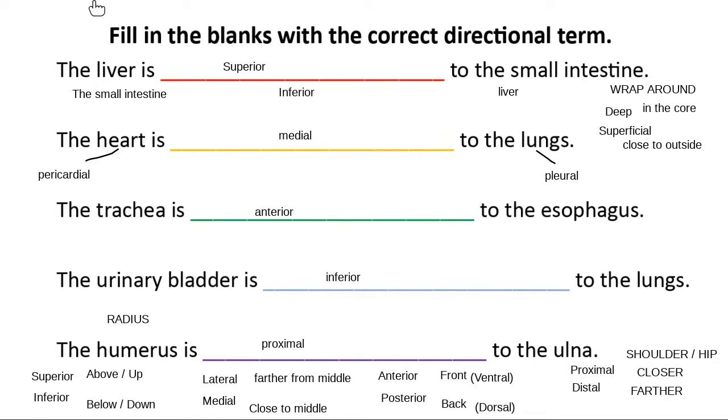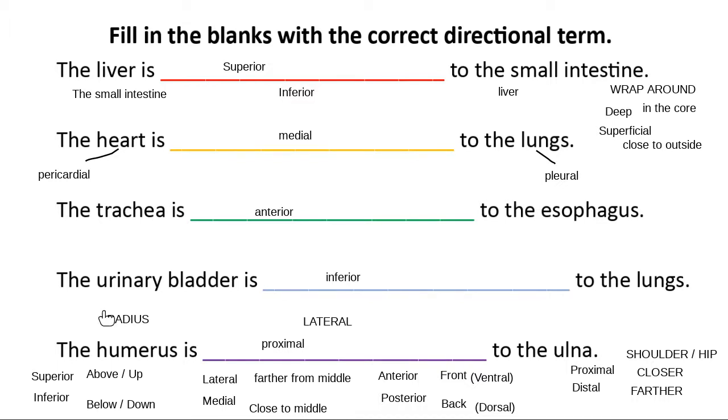Is the radius closer to the middle or farther? Yeah, the radius is going to be lateral to the ulna. Because remember, the radius is on the thumb side, the ulna is on the pinky side. I like to remember U P, the ulna and the pinky. Then we've got the radius and the thumb together on the other side.